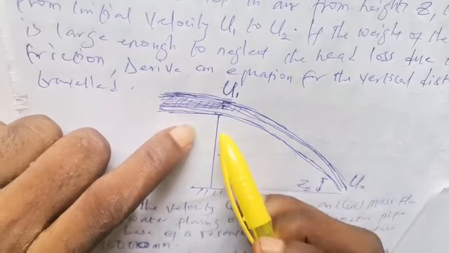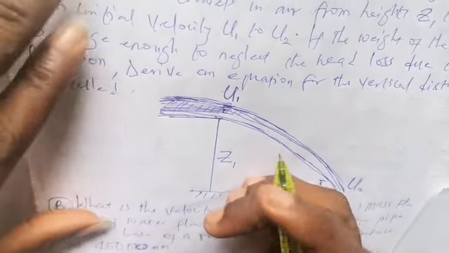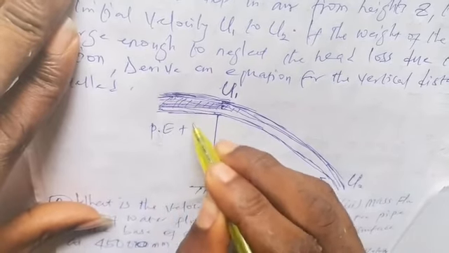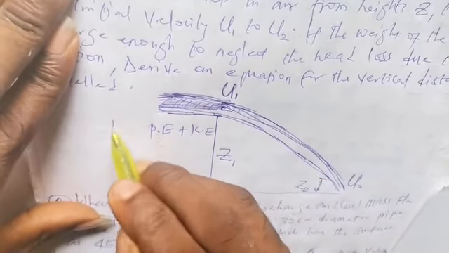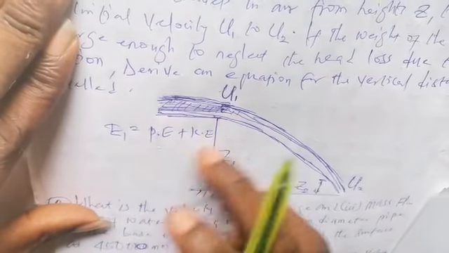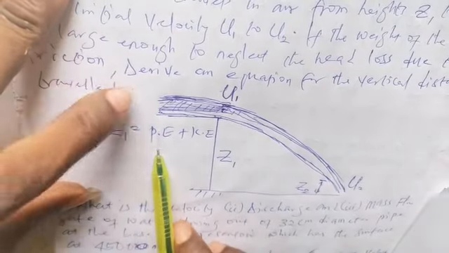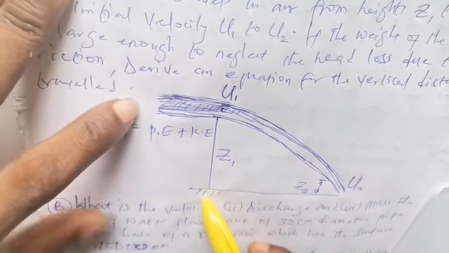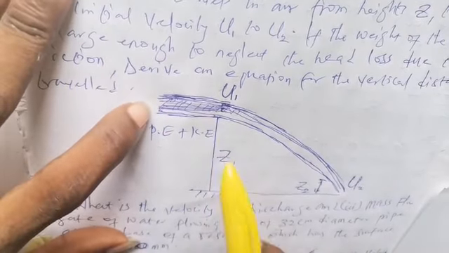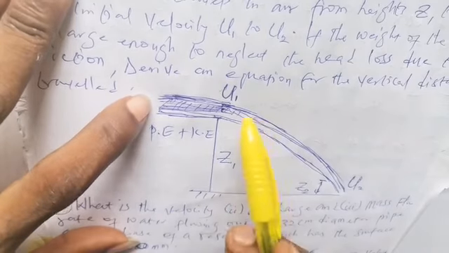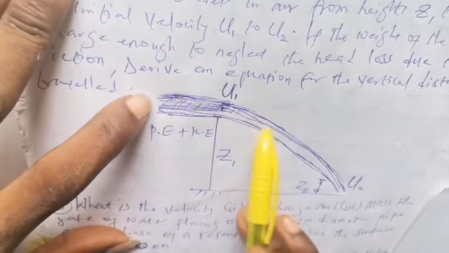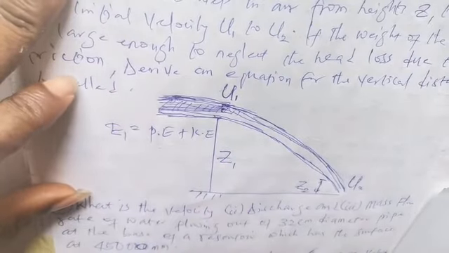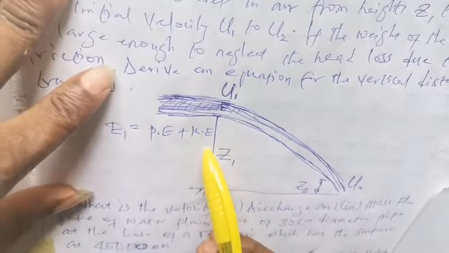So at this position, the total energy is the potential energy plus the kinetic energy. Let's call this E1. The potential energy is the energy of the fluid at rest at this jet initially. Then when it gains speed, it flows and gains kinetic energy. So the total energy in state 1 is potential energy plus kinetic energy.